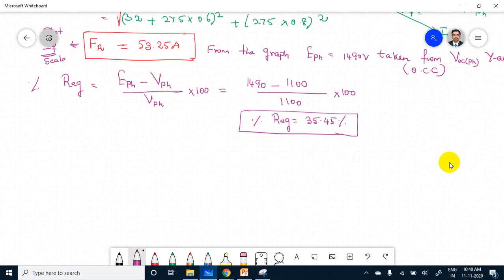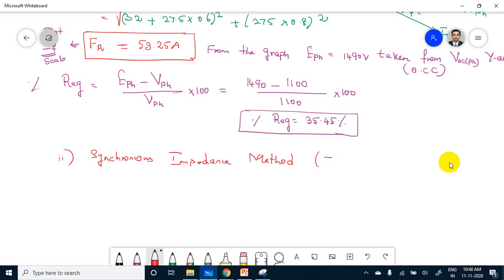The second method will be the synchronous impedance method. Another name for the synchronous impedance method is the EMF method, electromotive force method. EMF stands for electromotive force and MMF stands for magnetomotive force.